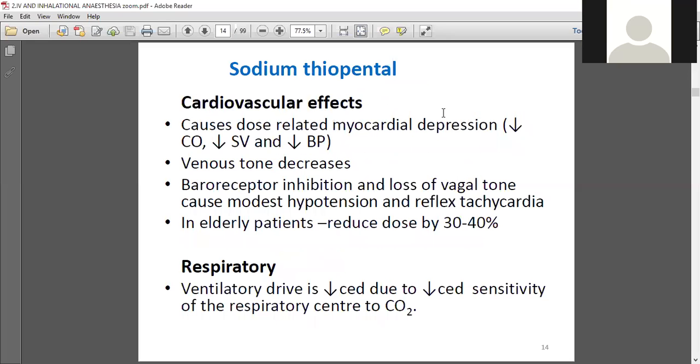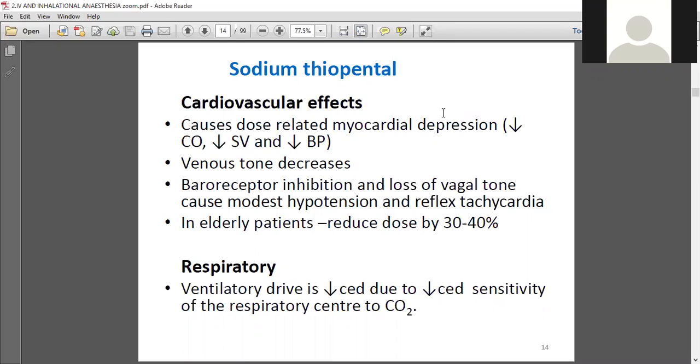So the cardiovascular effects: it causes dose-related myocardial depression by decreasing cardiac output, stroke volume, and blood pressure. Venous tone also decreases, and baroreceptor inhibition and loss of vagal tone cause modest hypotension and reflex tachycardia.